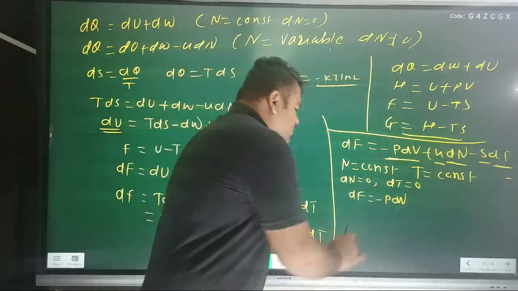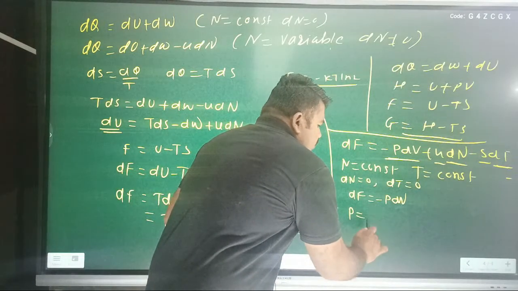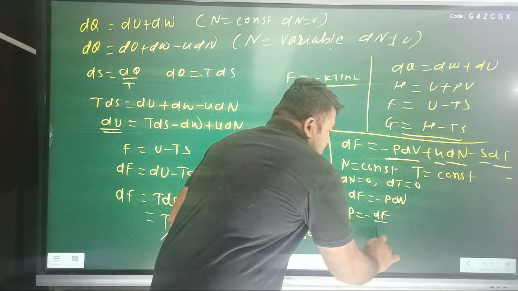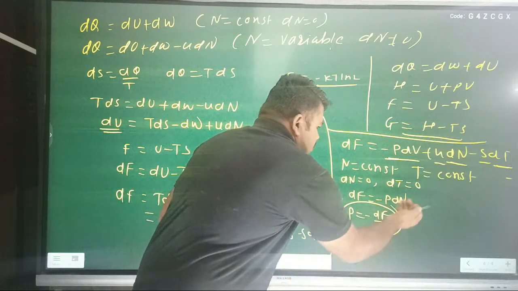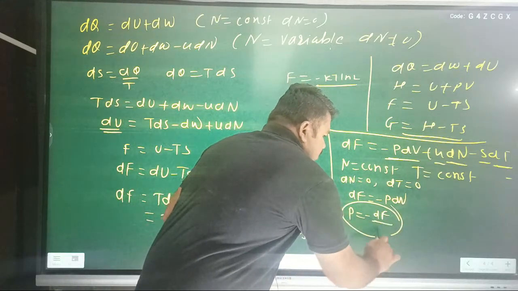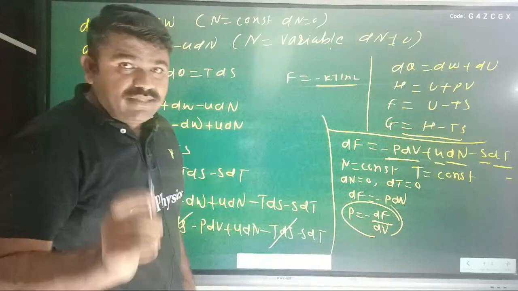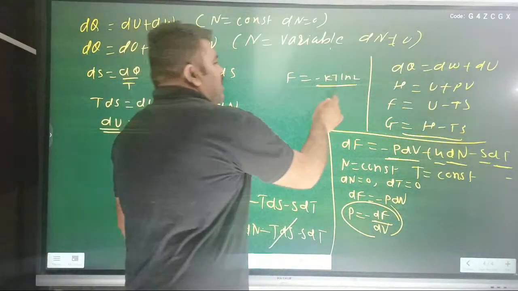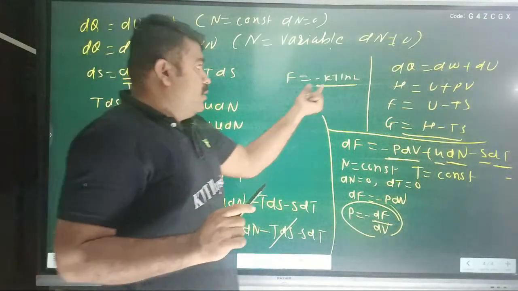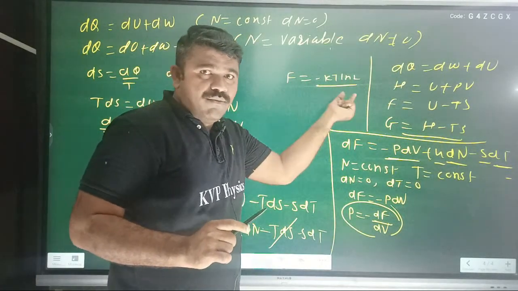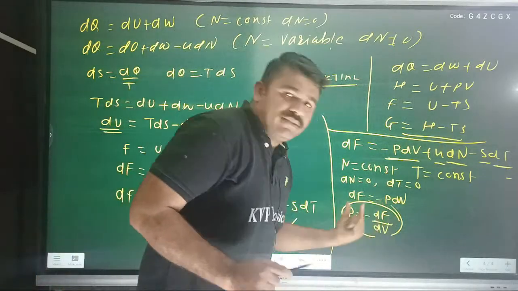What is the pressure value here? Pressure is equal to minus dF upon dV. Suppose the Helmholtz free energy F is a function of volume, then we can find the pressure.